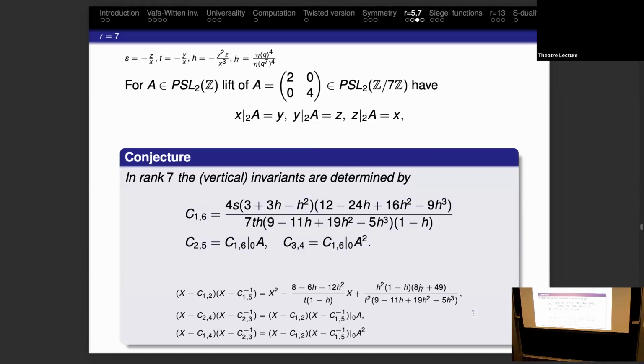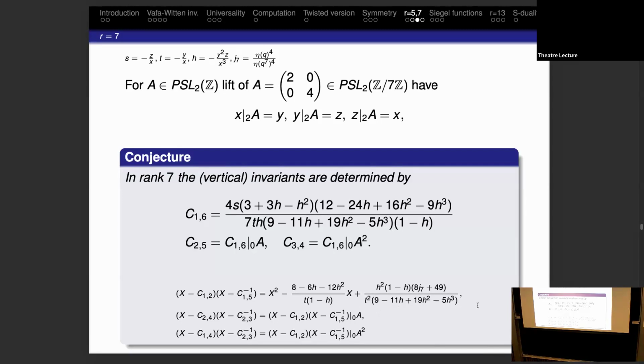One doesn't see it so much here, but for instance, this part of the denominator is the same as this denominator, and that's not obvious at all. So the different universal power series are somehow related in an interesting way. And everything is explicit.